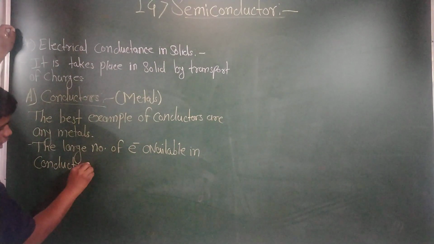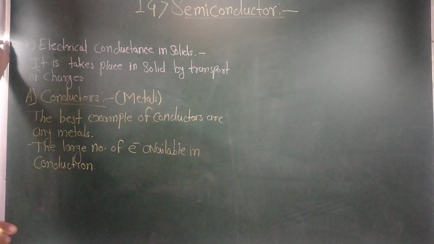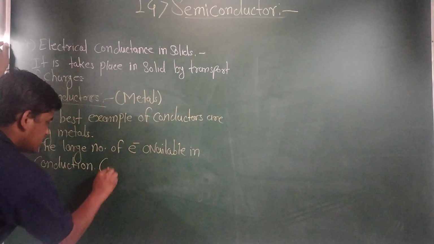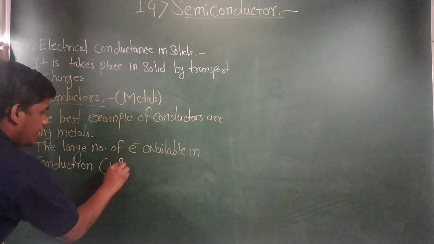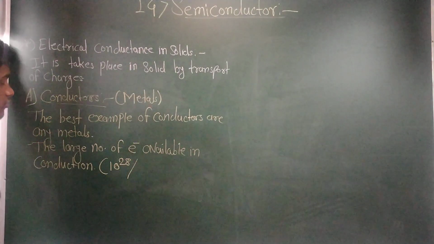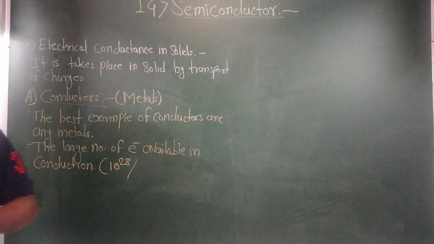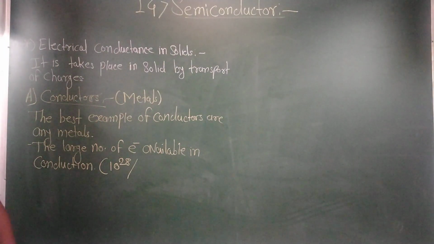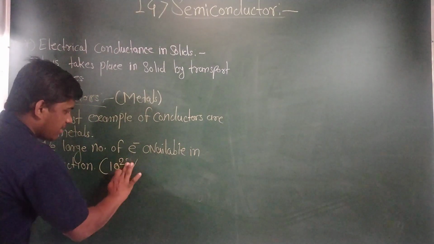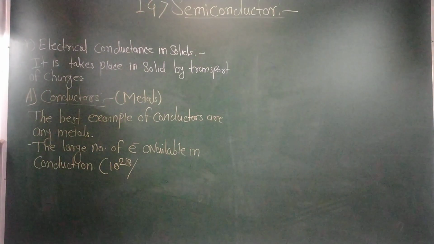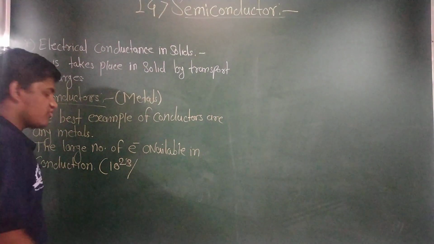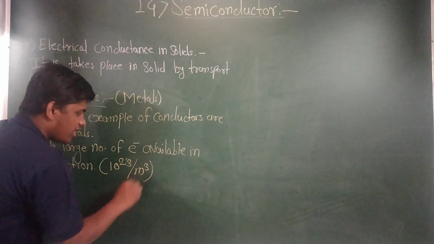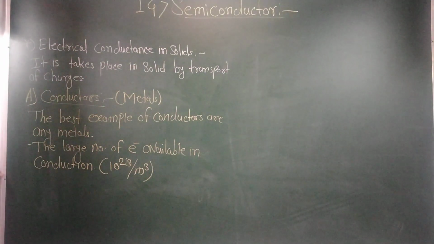The amount of electrons available in the conduction band of conductors is 10 raised to 28 electrons, or another figure given in different books, 10 raised to 23 electrons present per meter cube.